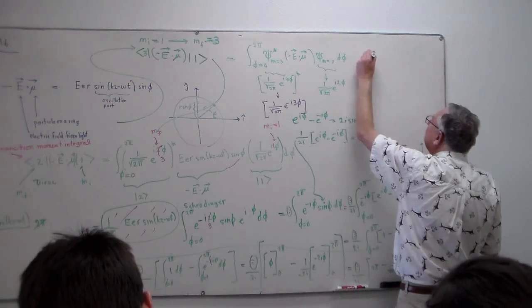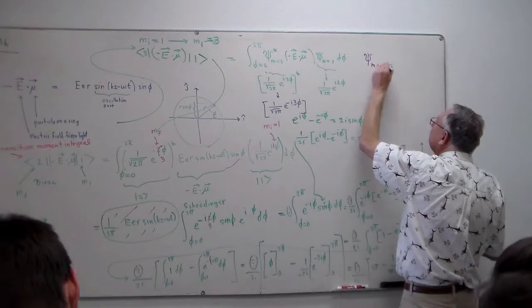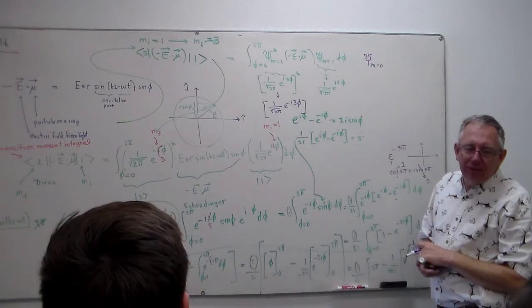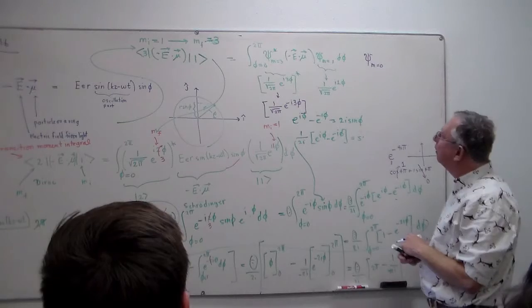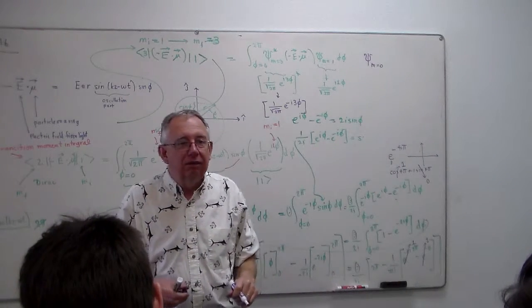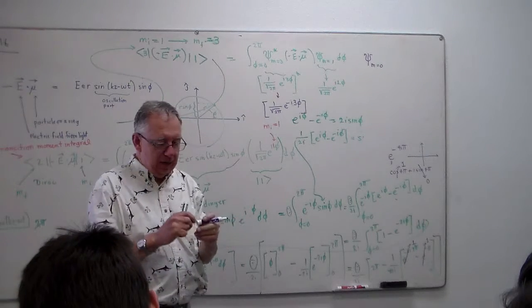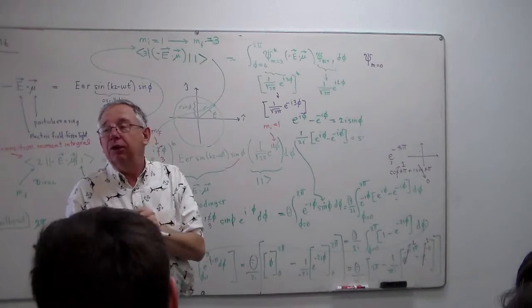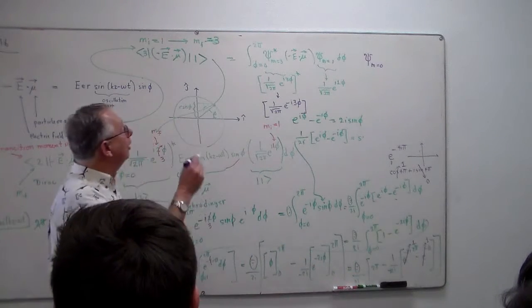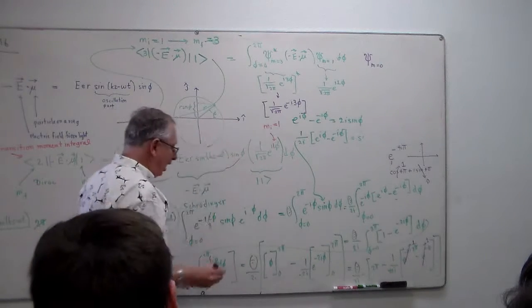Now, what does the wave function for m equals 0 look like? Can I have you just go directly there and write something on the board? Can I erase something?